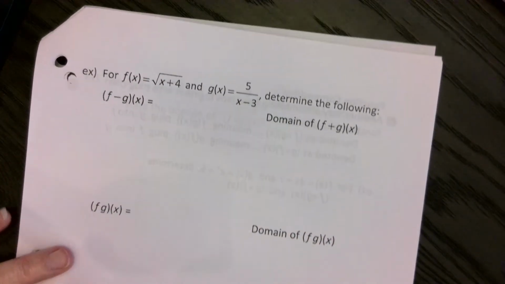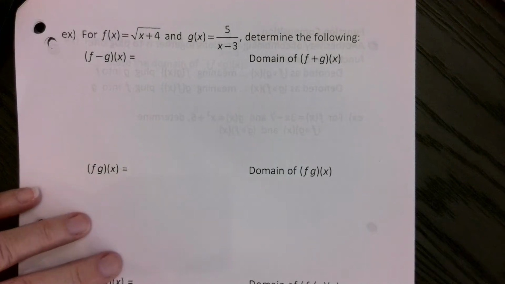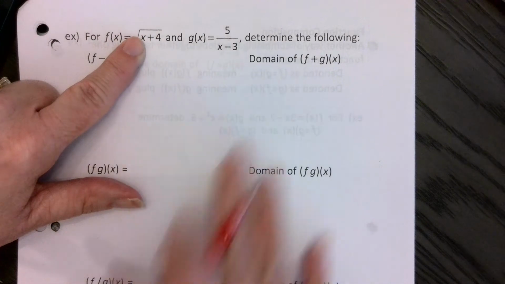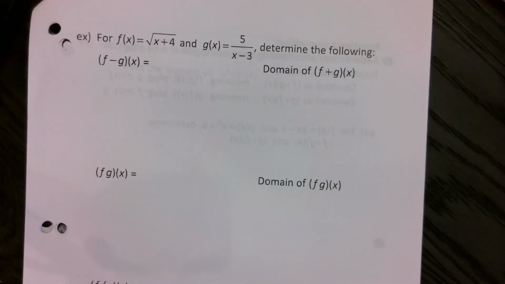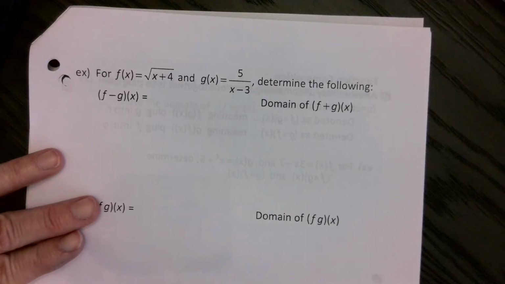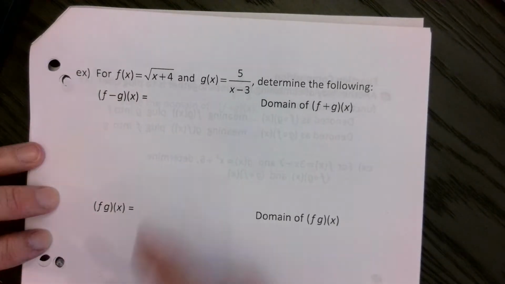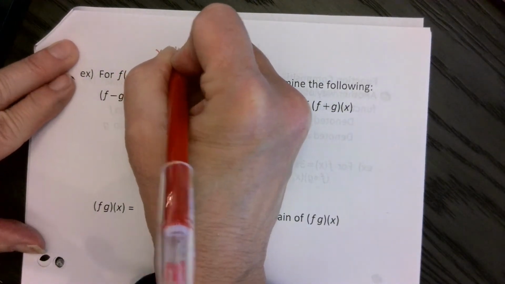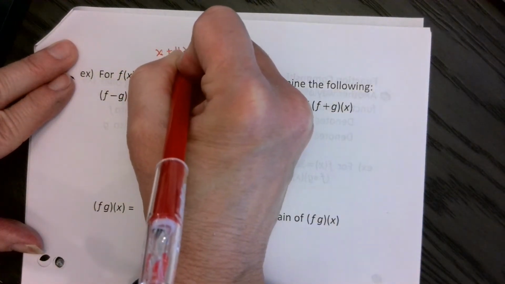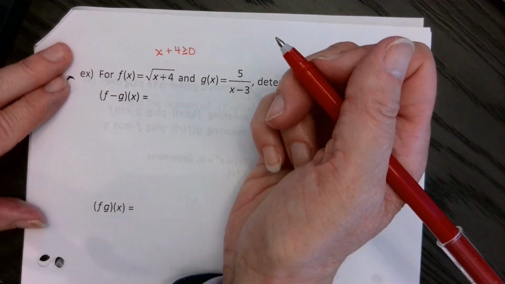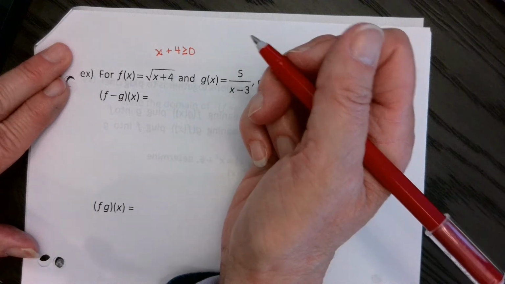Okay. Now here, however, this one gets a little bit harder. What we're going to do is worry here about what numbers are underneath that radical, because again, it's got to be positive. Before we get started with this, we need x plus 4 to be greater than or equal to 0. Again, we can take the square root of 0 and we can take the square root of positive numbers, just not negative numbers.